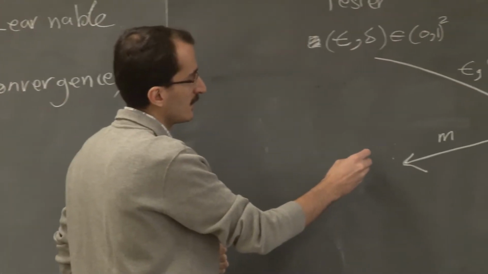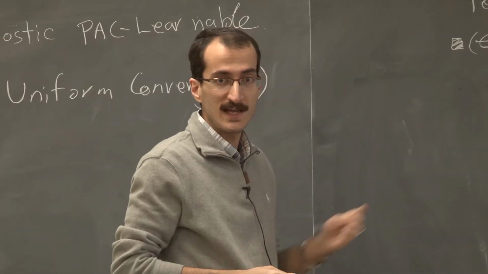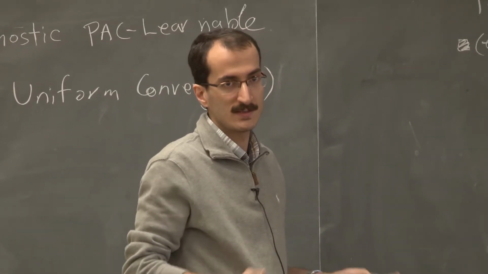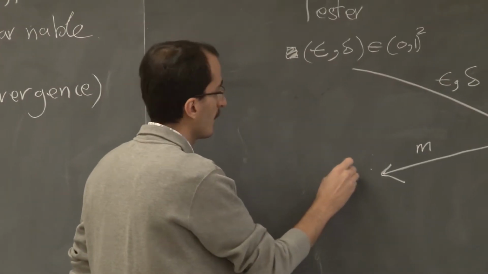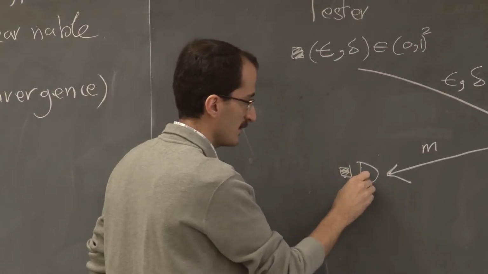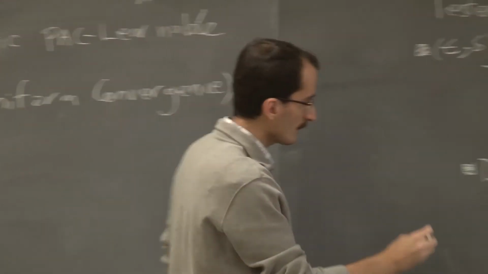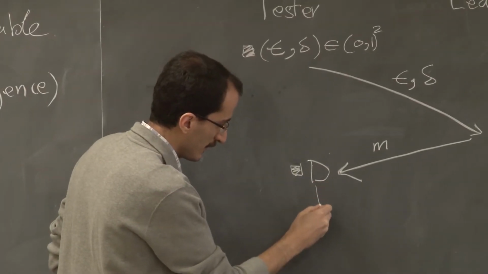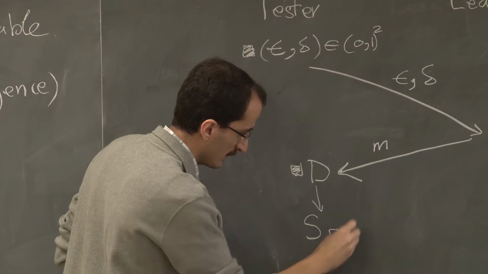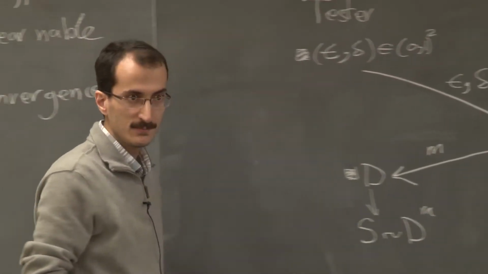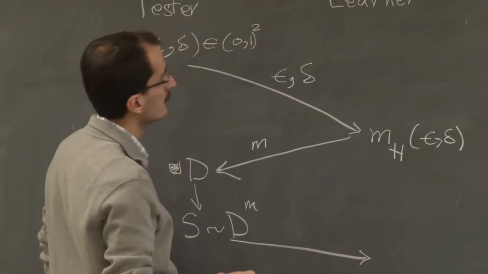And then the tester, she decides which distribution to use to challenge the learner. So she can pick anything. So let's say picks D, a distribution over the domain and 0 and 1. Then in the next step, she draws some sample of size M from that distribution IID and gives it to the learner.